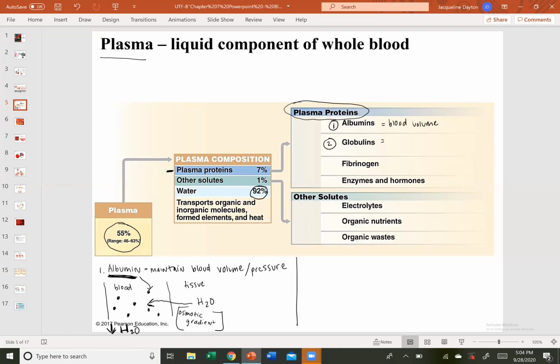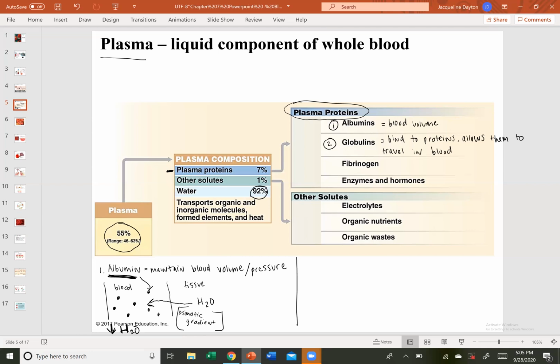So if blood plasma is composed primarily of water, we need a way for various proteins that are water-fearing to be transported. And that's going to be accomplished by binding to a globulin, right? So globulins bind to proteins, which allows them to travel in the blood, okay?